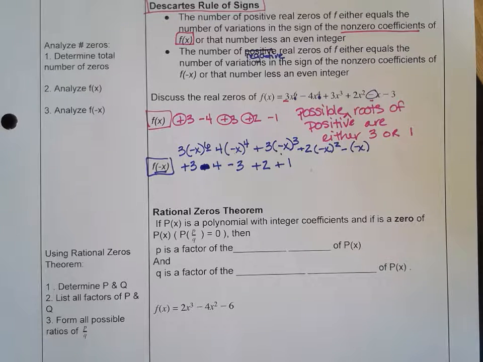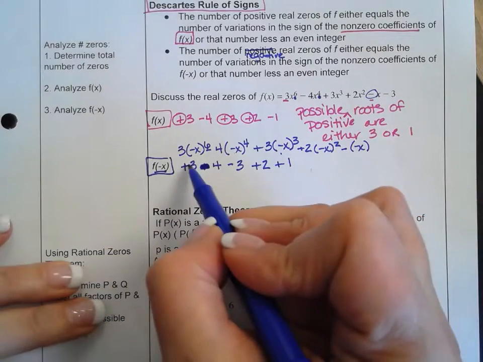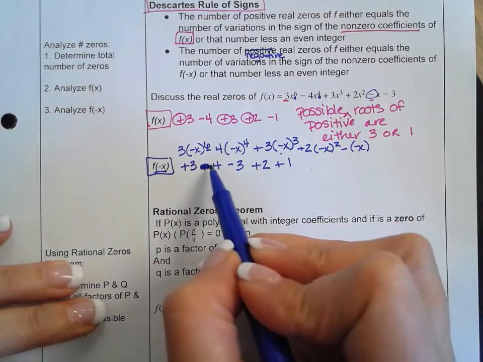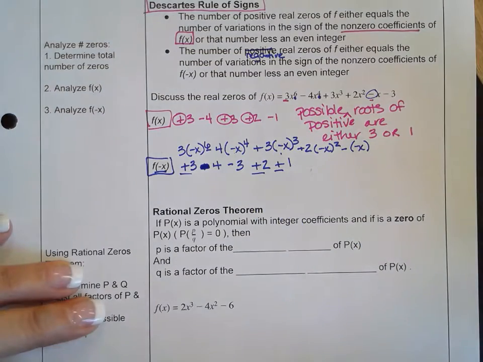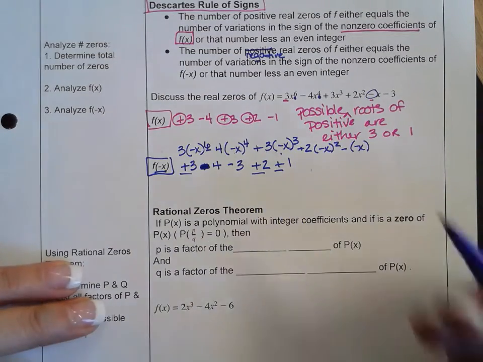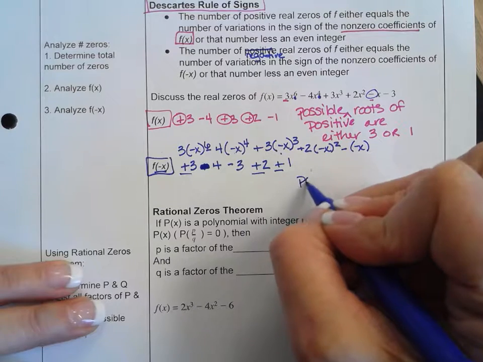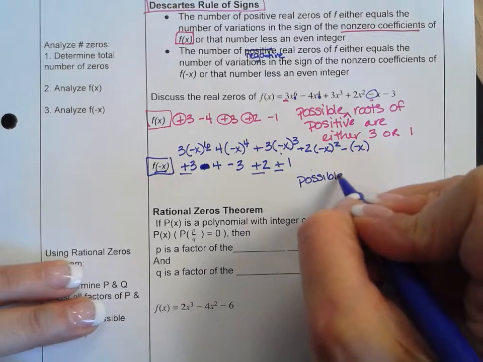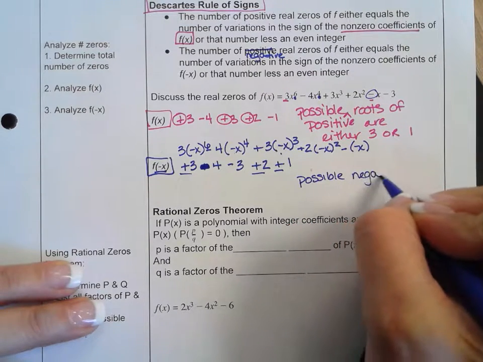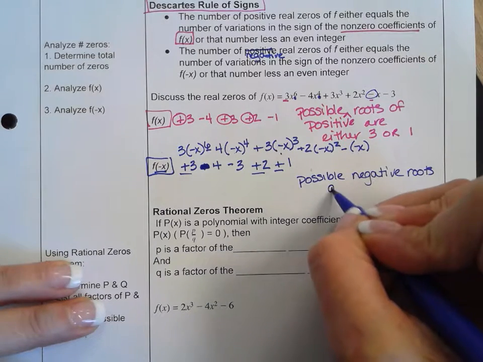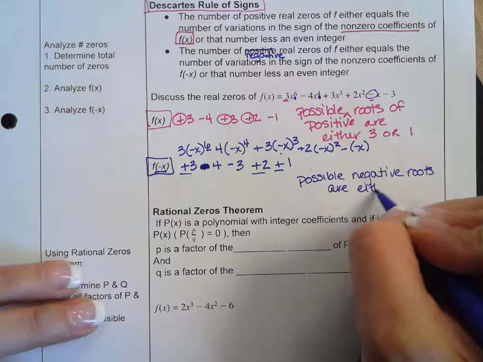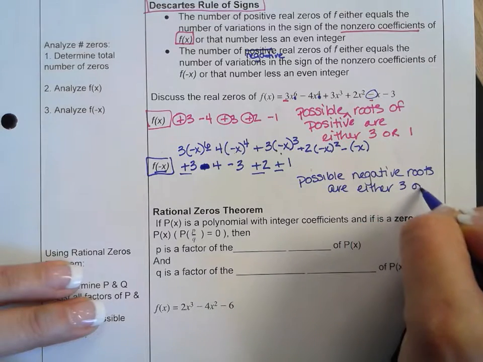Okay, so you look at the number of variations. Again, I'm going 3 positives. You always take the highest one. So the possible negative roots are either 3 or 1.